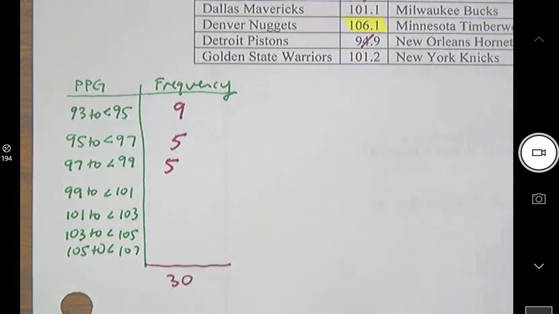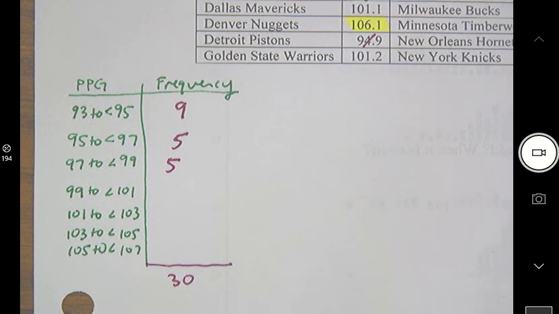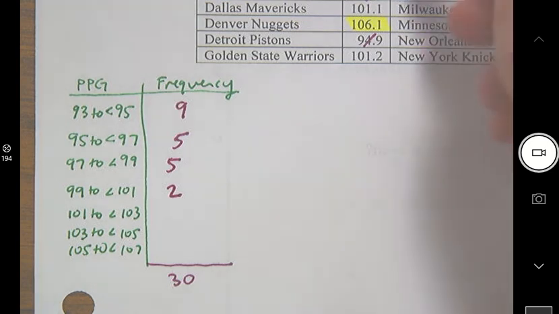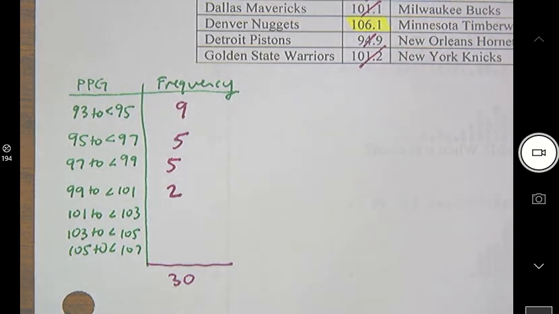I got 5 on that one as well. Okay. 99 to 100.9. I only got 2. Chelsea, did you get 2? Did I count wrong?